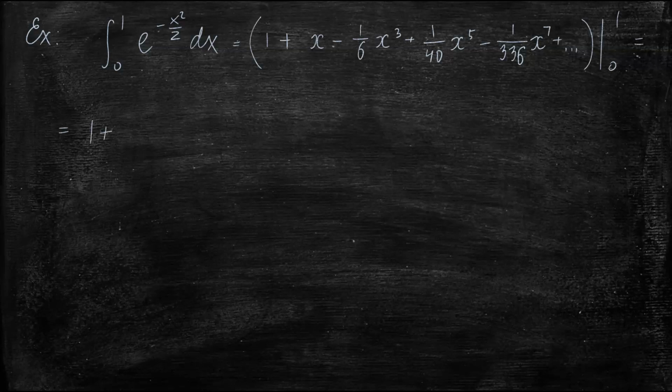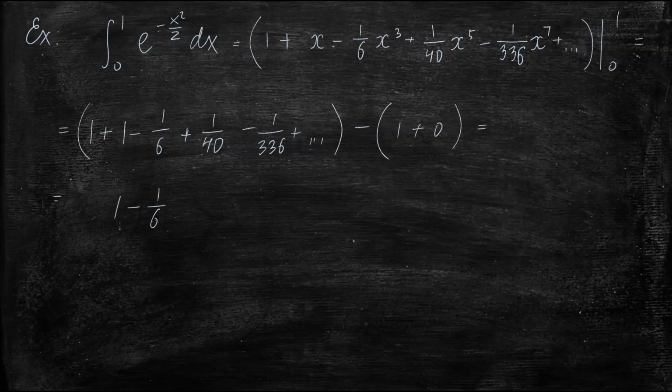So evaluating this at 1 gives us this, etc. And evaluating this at 0 will give us 1, and all other terms will be, of course, 0. And now computing this, what do we have? If we make the common denominator, I guess we just have to compute this with a calculator.